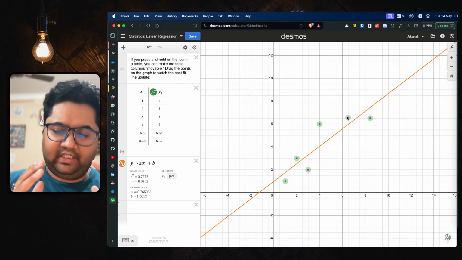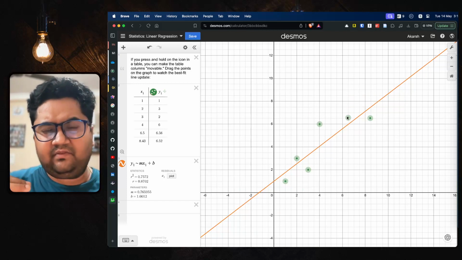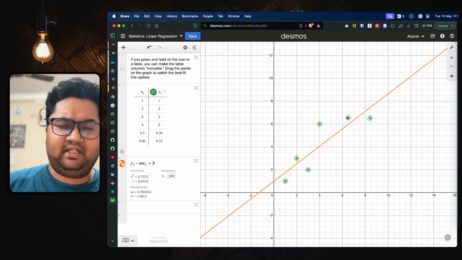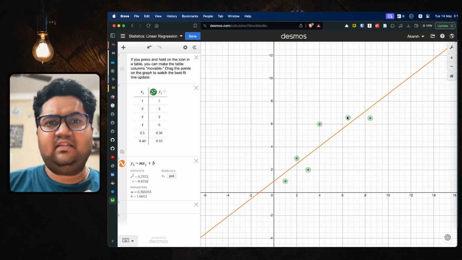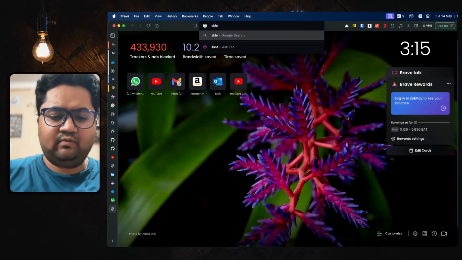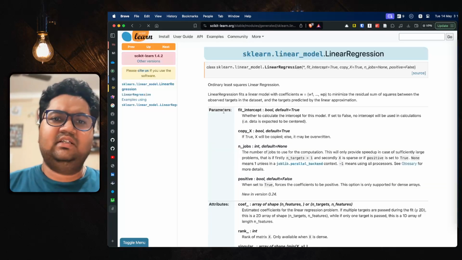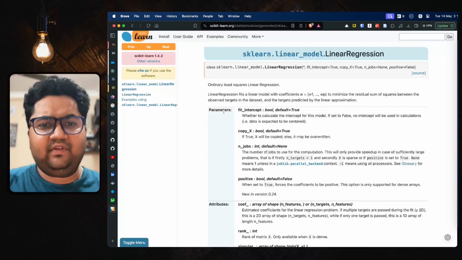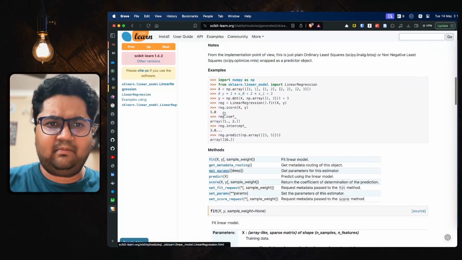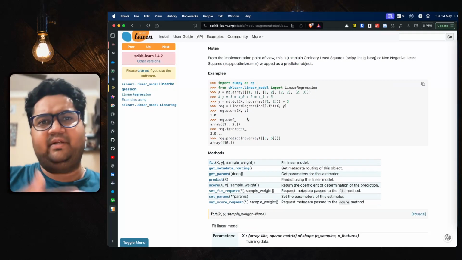The idea you need to get is that I want to find the line of best fit if my data is spread around, and you could use a variety of techniques in Python to achieve that. The simplest would be sklearn OLS, where you have a scikit-learn linear model which will help you fit these data points. There are probably examples pasted here which you can just look at and it will give you a prediction.